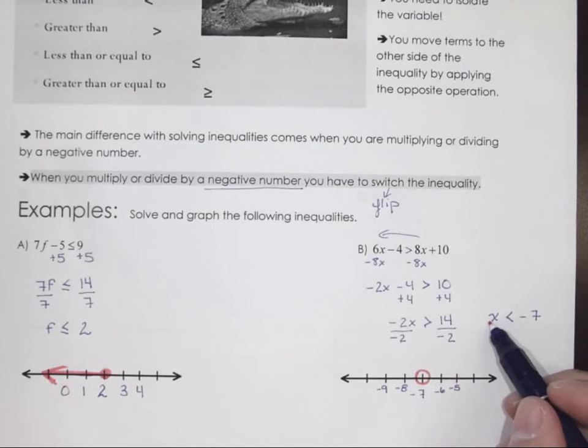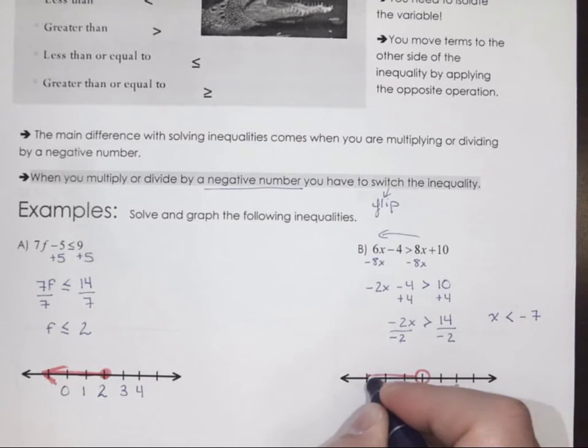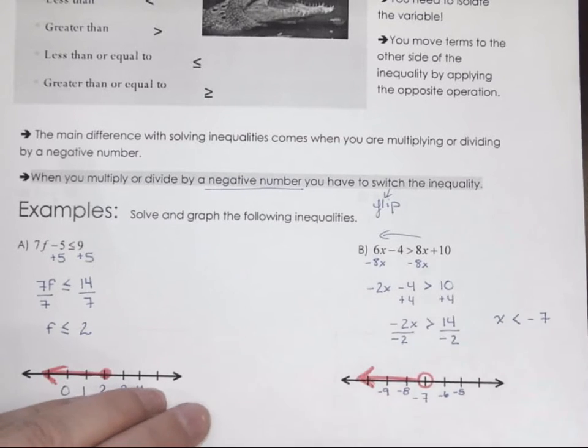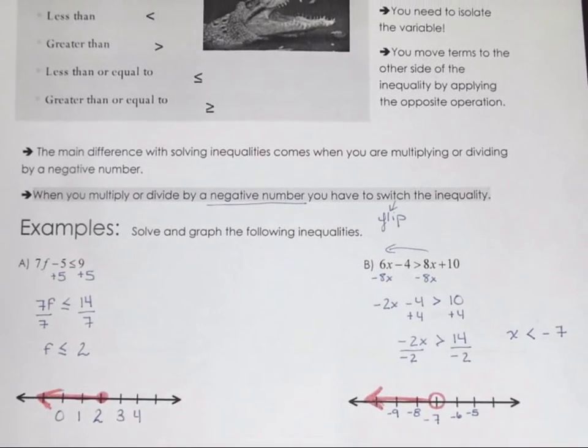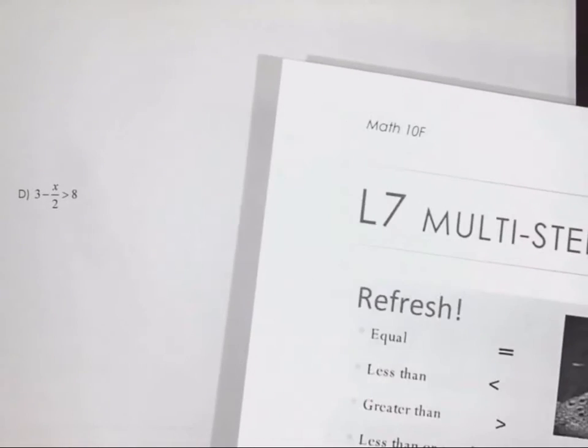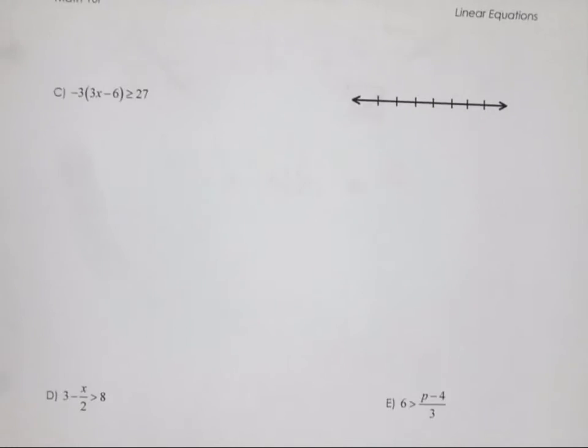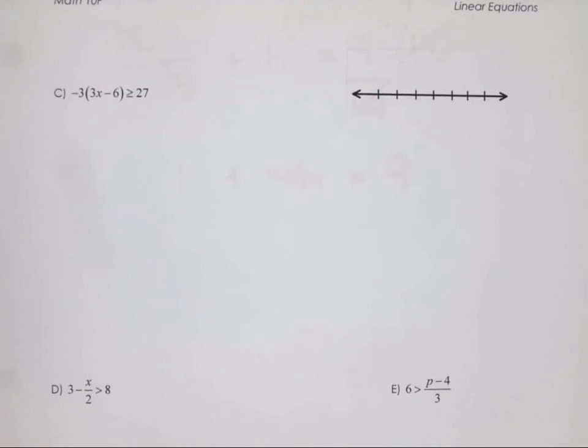And the values are less than negative 7, so my arrow is going to point at the less than numbers. And that's it. It's really not a ton of anything new, you're just doing more algebra. We've got a few more examples to work through, and then you guys are going to be golden.